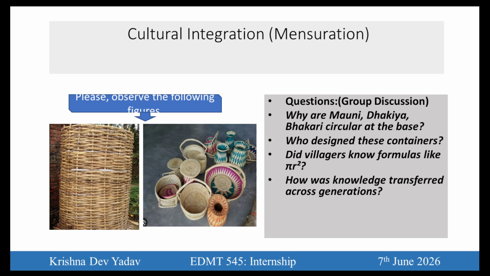Similarly, woven mats like gundris involve patterns and measurement, and through this design and these containers we can also teach 3D and 2D concepts. So these examples help students understand that mathematics is not limited to books. It is already part of our daily lives and our cultures.